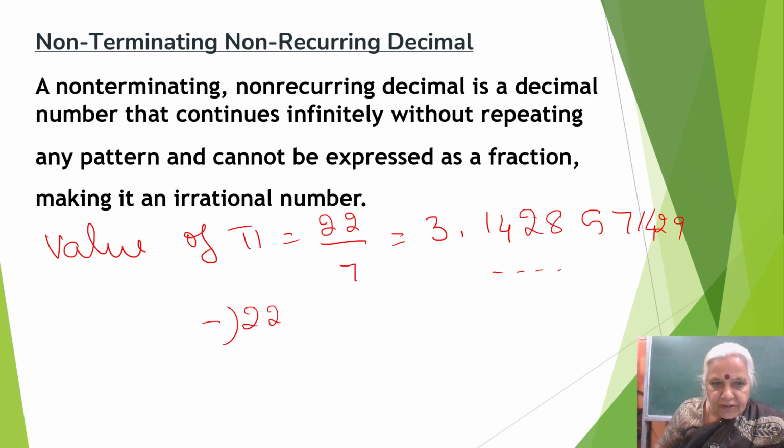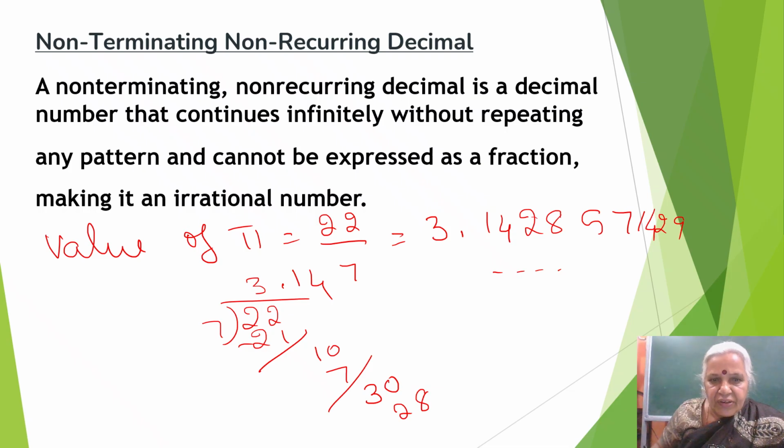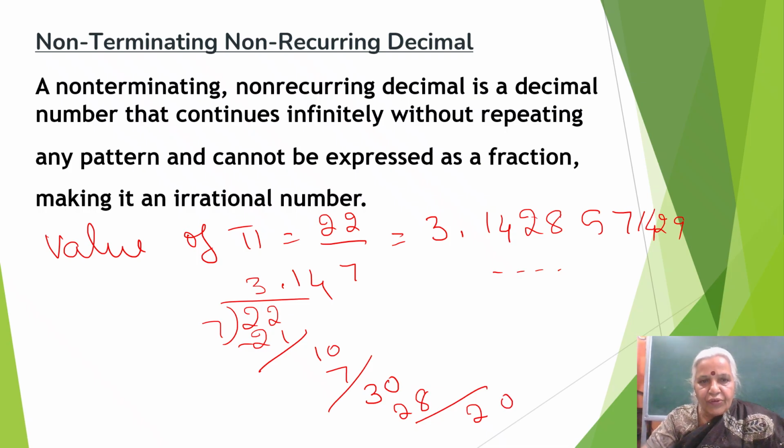It is a long process. 7 3s are 21. 22 minus 21 is 1, and since you can put a point and 0, 7 1s are 7, 10 minus 7 is 3, and then you can add a 0. 7 4s are 28, then 2, and then again you add a 0. Like this it continues. Therefore, here we can say this is a non-terminating, non-repeating decimal.